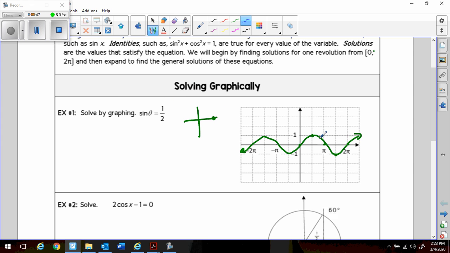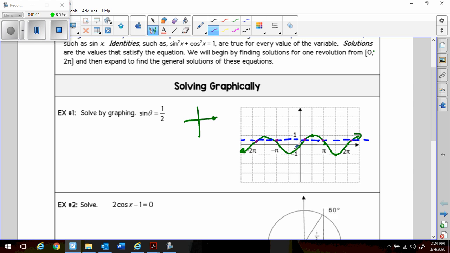Well, 1/2 is in between 1 and 0, so it's going to touch 1/2 wherever it touches this line right here. These intersection points are going to be where the solution will work. Right here will work, right here, but there's infinitely many because sine goes on forever.